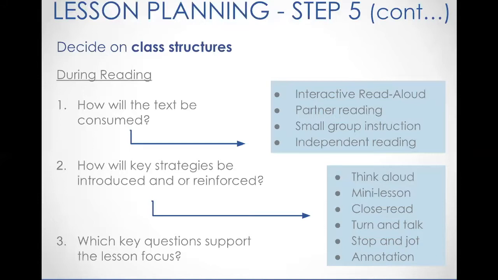We include a think aloud as a way of sort of modeling to kids, or a mini lesson as a way of modeling to kids. But again, those are no more than 5 to 7 minutes at most, because we think the heart of students learning is by deeply grappling with the text and getting feedback from the teacher.